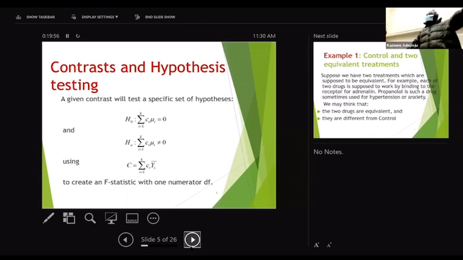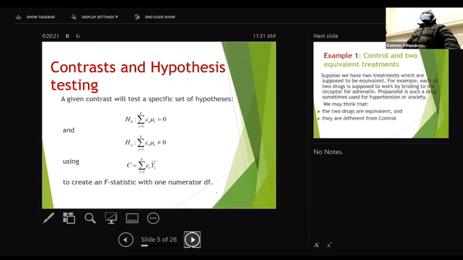Doing nothing against not doing nothing. Doing nothing is you don't wear face masks, you don't do vaccination, you don't do social distancing. Doing something is in 3 levels. But we want to compare doing something with doing nothing, then we're going to use contrast.